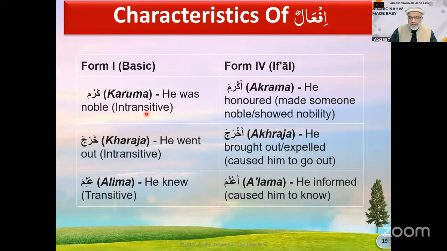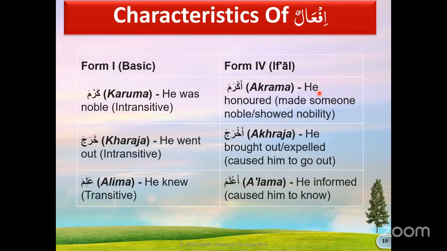But if you change karuma into akrama, which is Madi, this is form 4: he honored, made someone else noble, or he showed nobility to someone else. So from karuma to akrama, it changes from the action happening on the subject, to the subject doing the action on somebody else. Is that making sense? Yes.